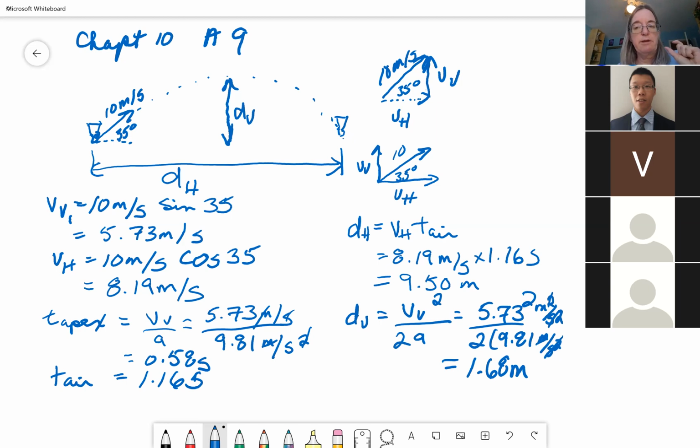The vertical velocity at time 2 is when it reaches the apex, and all the way up to the apex, the vertical velocity drops and drops until it hits 0 at the apex. So the vertical velocity at time 2 equals 0 meters per second. And that's what the 1 and 2s are. And that's the only difference between 1, 2, and 3V and 1 and 2A: whether you have the apex at the start, which is the first 3, or the apex at the end.